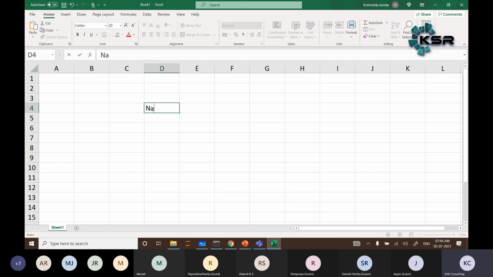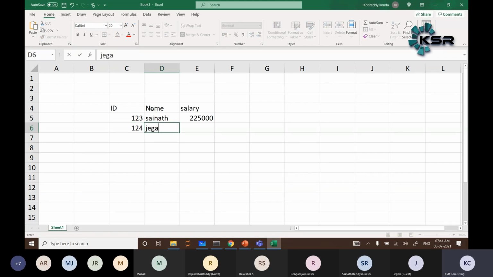I am writing here ID, name, and salary. The IDs are 1, 2, 3, and the name is Sainath, with a salary of 1,25,000 per month.